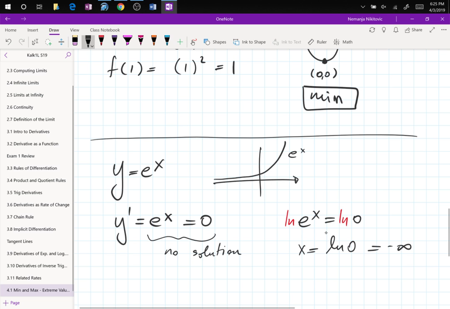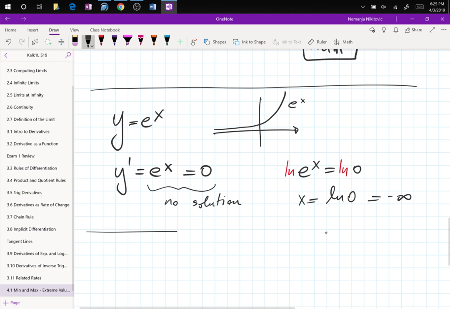So no solution, and we did not come up with any points that would be candidates for a min or a max. Therefore, e to the x does not have a min or a max. Calculus said so, right? So we move along to the next example.